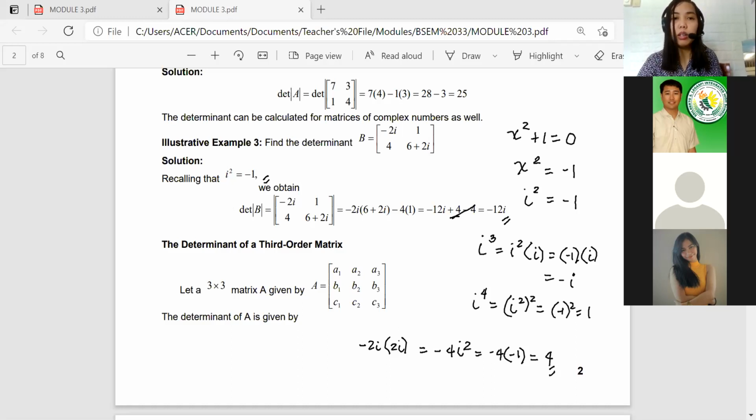So let's proceed. That is for a second order matrix, or a 2 by 2 matrix. So let's proceed to the third order matrix. Let a 3 by 3 matrix A be given.